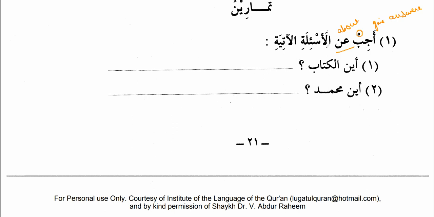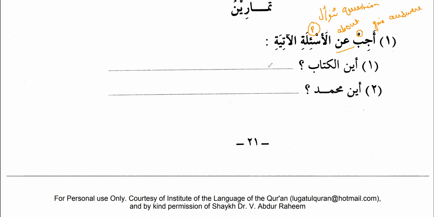Anil as'ilati. As'ilati is the plural noun for su'al. Su'al means question, and this is questions. As'ila from su'al. Give the answers of the questions al-atiya. Al-atiya means the coming questions or the following questions.